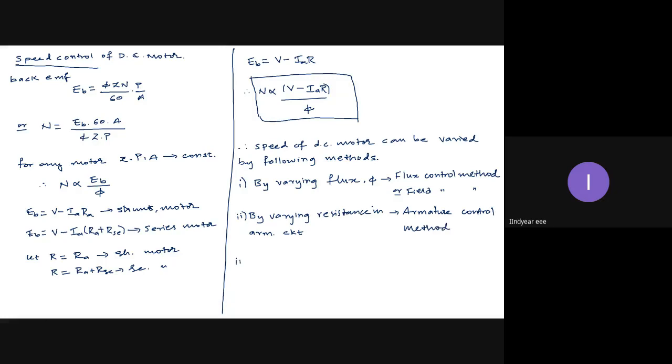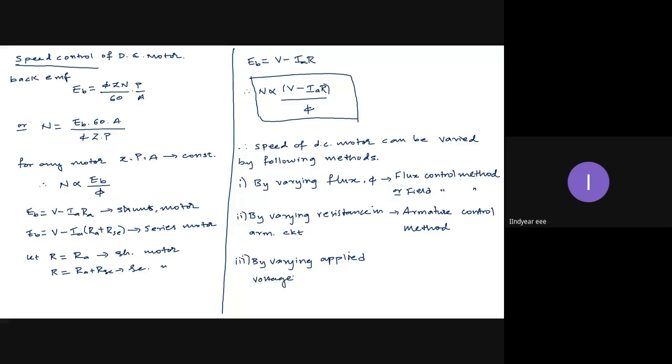The third one is, speed is proportional to V, that is, the applied voltage. So I can vary the speed even by varying the applied voltage. Now you can ask how I can vary the applied voltage, because the applied voltage is a constant source.